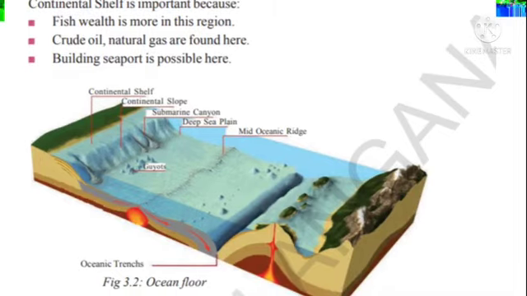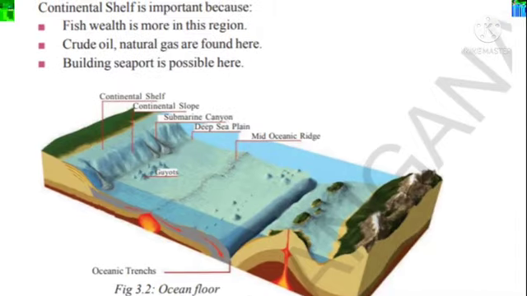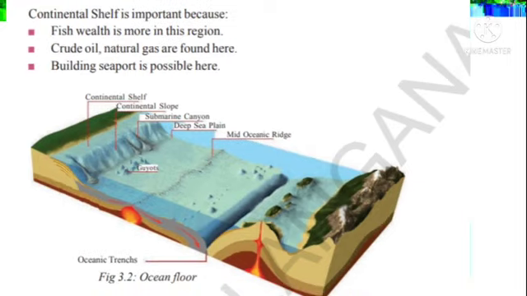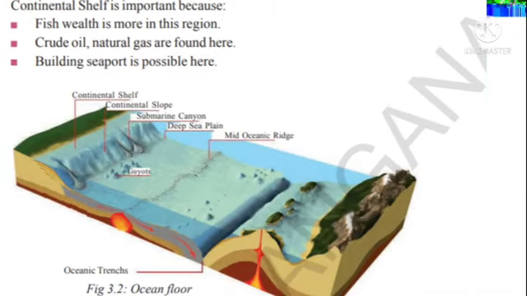Continental shelf is important because fish wealth is more in this region. Rock petroleum, natural gas are found here. Building seaport is possible here.